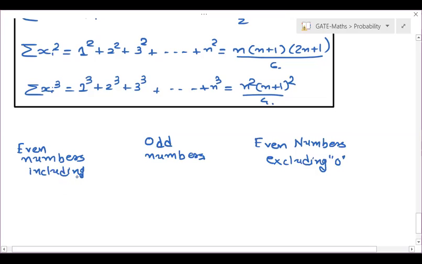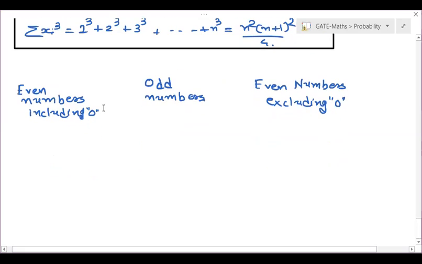So when you are taking all these even and odd numbers, suppose whatever numbers you are having, and you have to find sum of all this, right? We need to find sum of odd numbers, sum of even numbers excluding 0, sum of even numbers including 0.